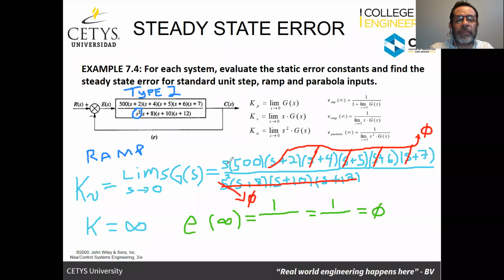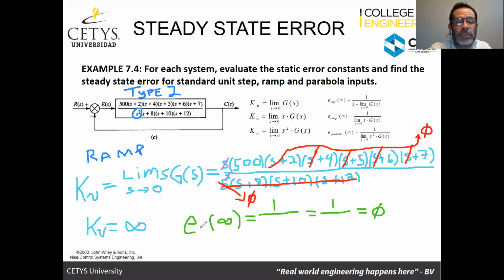It's still not really going to matter because this S is going to be eliminated by the square. But I'm still going to have an S in the denominator, which is going to generate that this Kv is going to be equal to infinite.